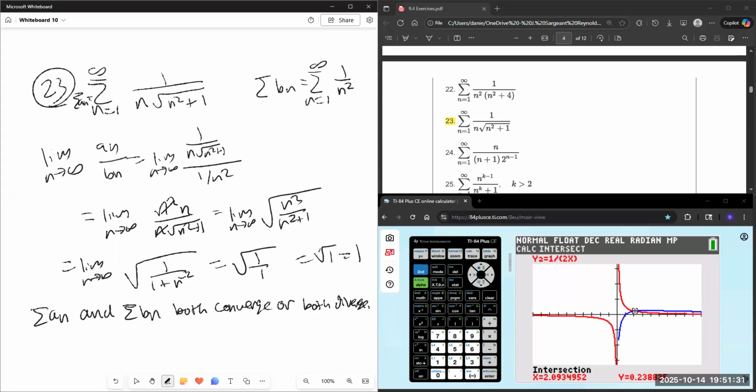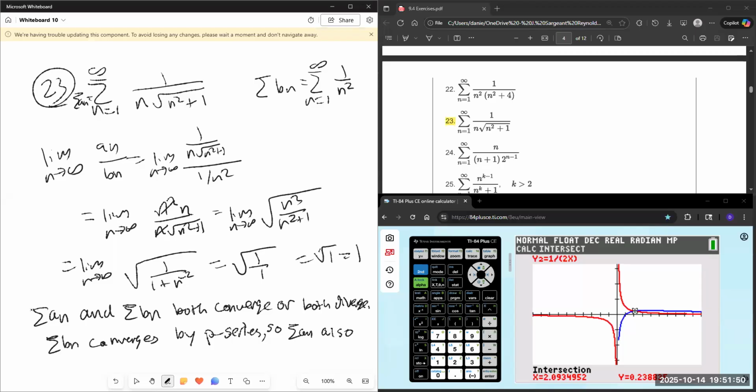And then Bn converges by the p-series test. So the summation for An also converges by the limit comparison test.